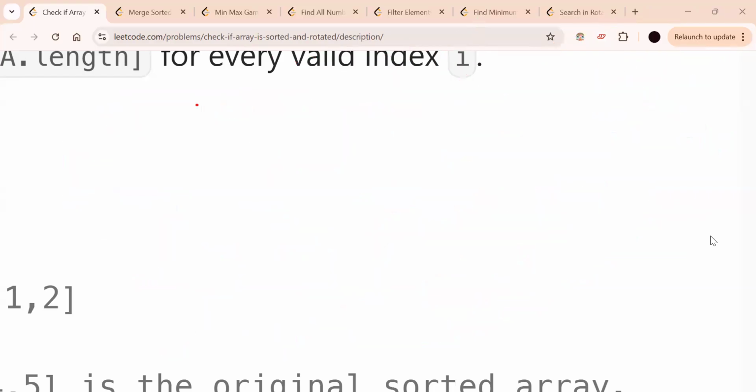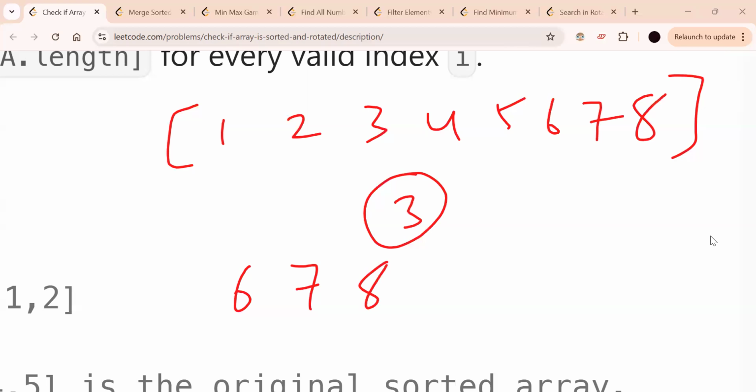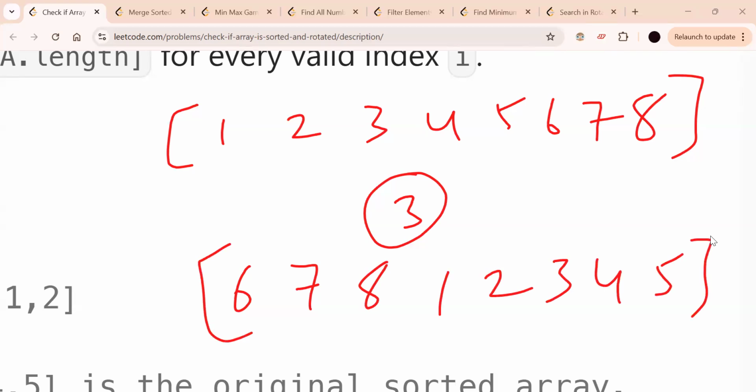So let's take a bigger array. 1, 2, 3, 4, 5, 6, 7, 8. Now rotate it 3 times. What happens? It will be 6, 7, 8, 1, 2, 3, 4, 5. If you observe this one now, take any two.